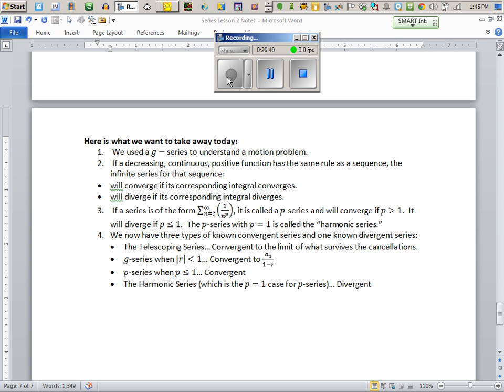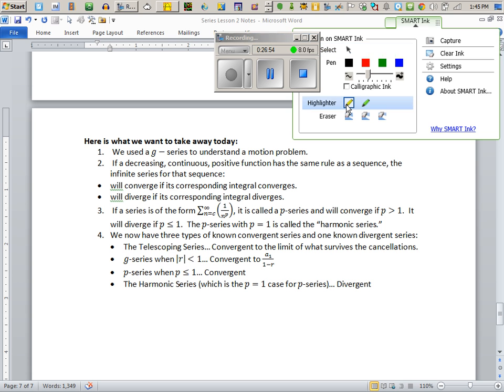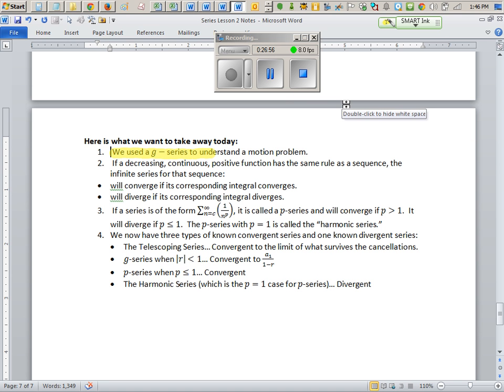So the bell rang, but I just want to review these here. So we just basically talked about how you can use a geometric series to understand a motion problem. That's the bouncing ball problem.